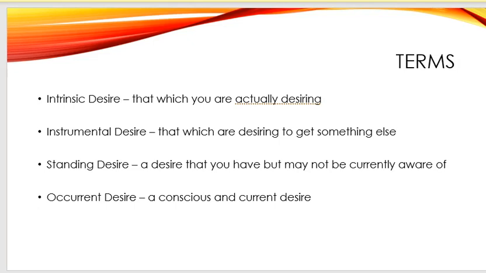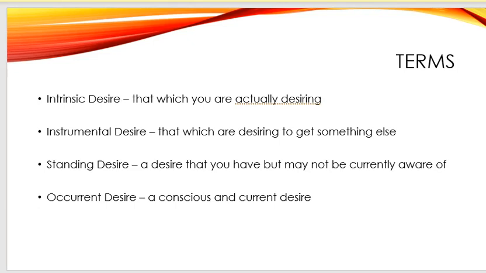So oftentimes desires do have this twofold kind of structure to them, where there's an object desire, like a desire for an object, and then there's something else. There's the intrinsic desire, which is oftentimes embedded, it seems, in the object desire.